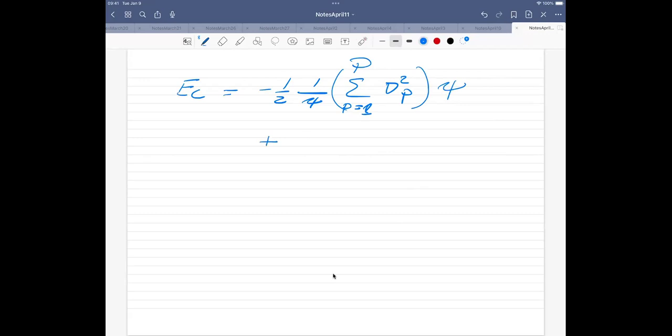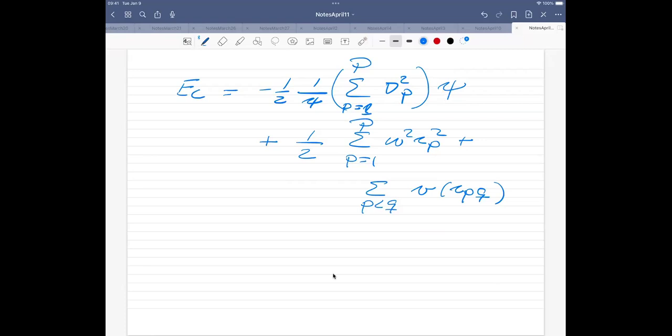Then I'm simply getting the potential energy from the harmonic oscillator, the sum over p equal 1 up to the number of particles, and this is just given by this term here, where we simply loop over the particles, as we did in project 1. Then we are going to have a final term where we also have assumed that the two-body interaction does not change the form of the wave function.